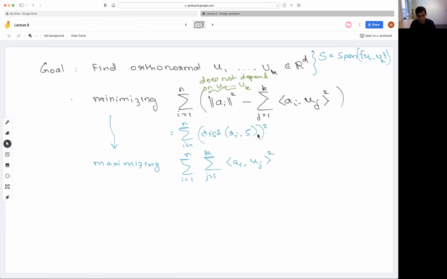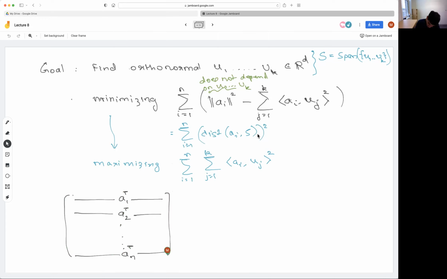And this we can write in a slightly succinct way, which is easier to deal with. So let's think of a matrix in which we think of the A's as column vectors, the data points, but we look at their transpose, and write them as rows. And multiply it with a vector, let's say U1.